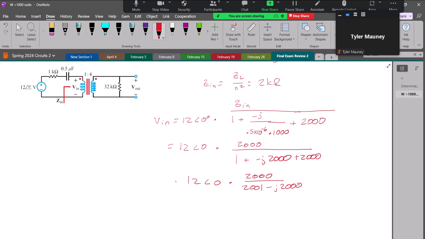Oh, this was not 1, this is 1,000. There's 1K. That makes a lot more sense. That should be 3,000. And I get that this equals 6.65 angle 0.588.